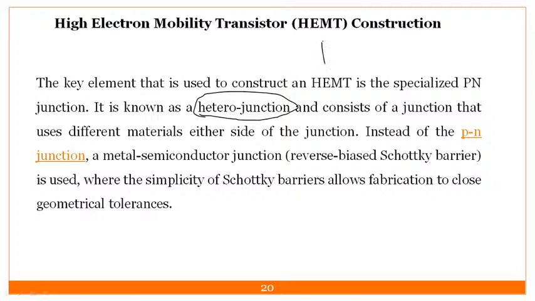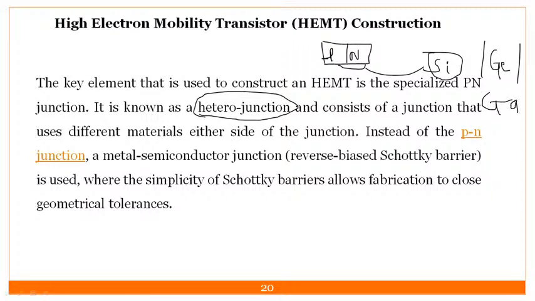In a normal PN junction diode, this is the P type material and this is the N type material, and we construct both by using either silicon, germanium, or gallium arsenide. But in this case, we are designing P by silicon and N by gallium arsenide or germanium, and this junction is called a heterojunction.